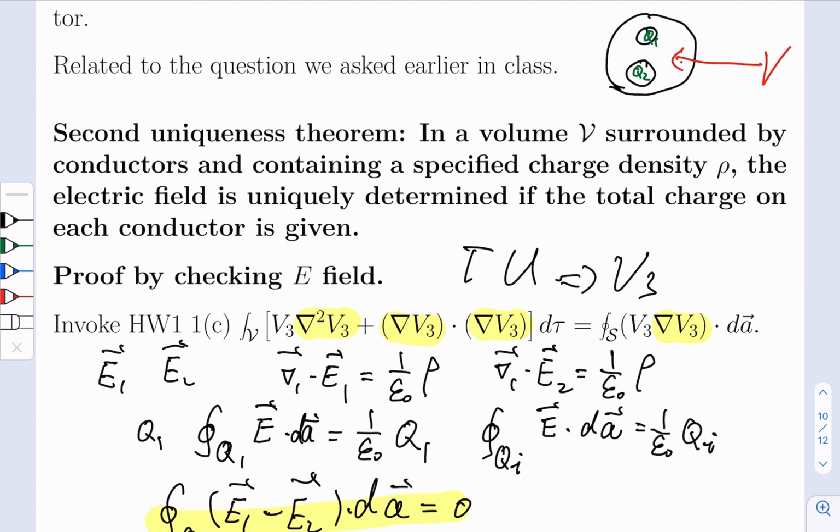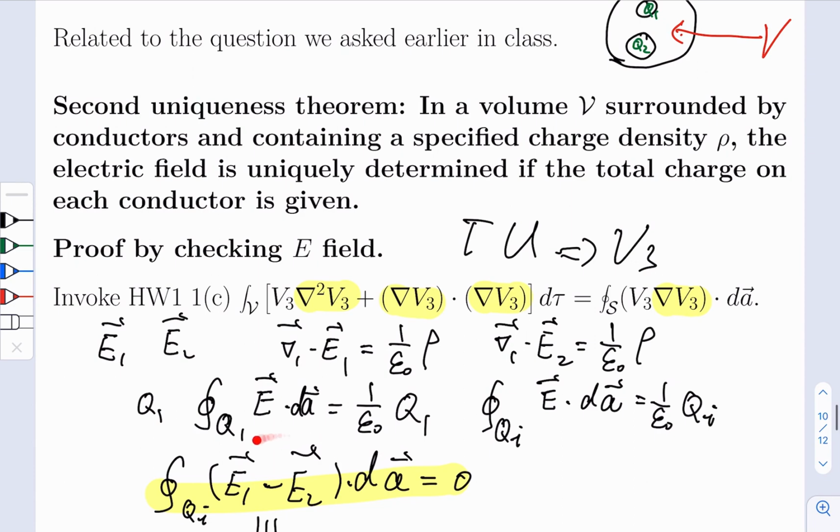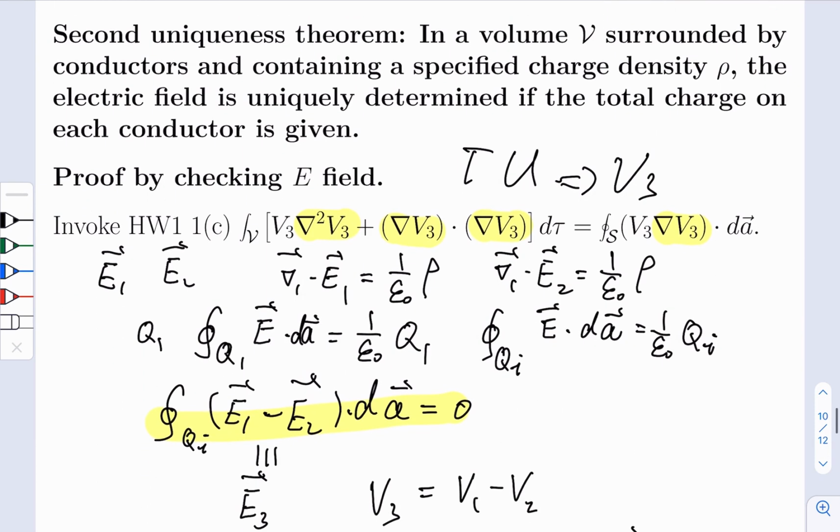If we integrate E1 across the surface of the conductor, we get the total charge equal to Q1, and that is the same for any of these conductor surfaces. If we calculate the difference of E1 and E2 over all these conductors, the difference is 0. Now we define the difference of E1 and E2 as E3, and E3 has a corresponding scalar potential V3.